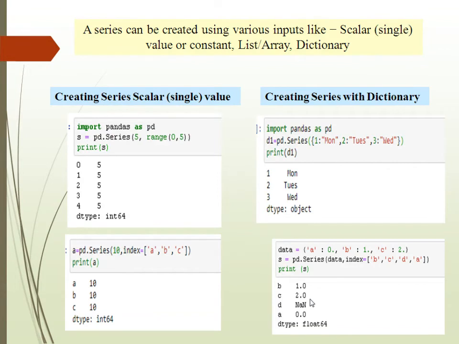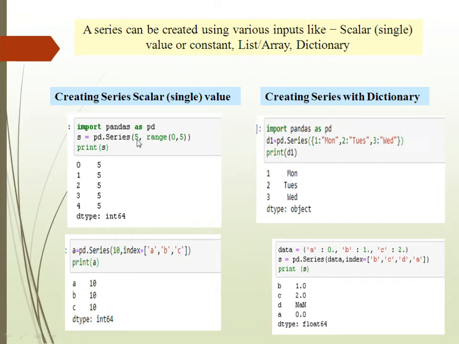Now I'll come to the very important part: how to create a series using scalar values. Children, you know scalar values are single values. It means if there are 5 index numbers and I want the same value inserted in all the indices, I'll use the series like this. I have written here import pandas as pd, pd.Series(5).